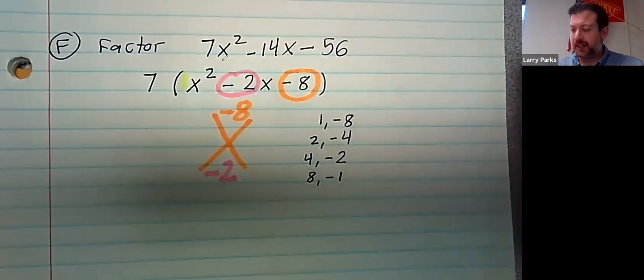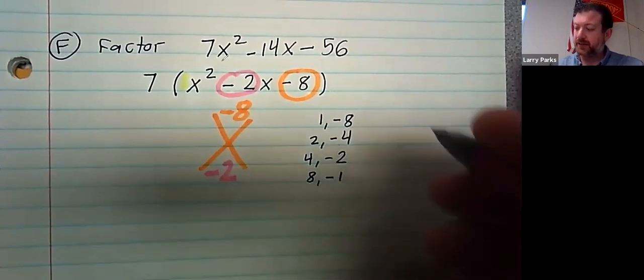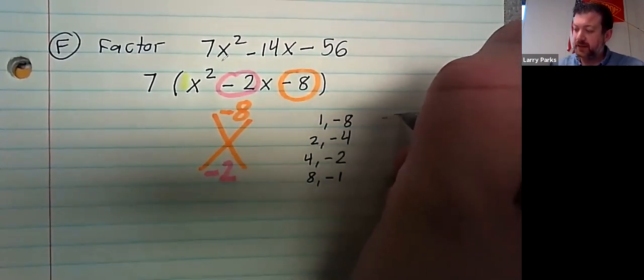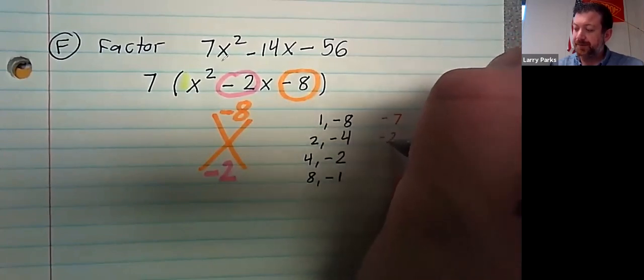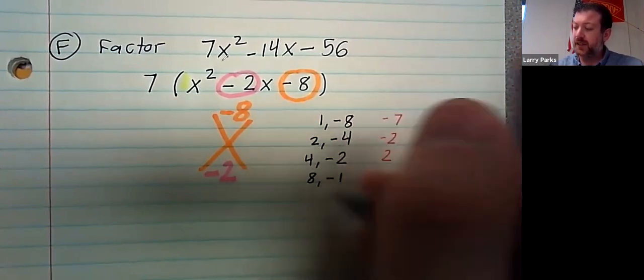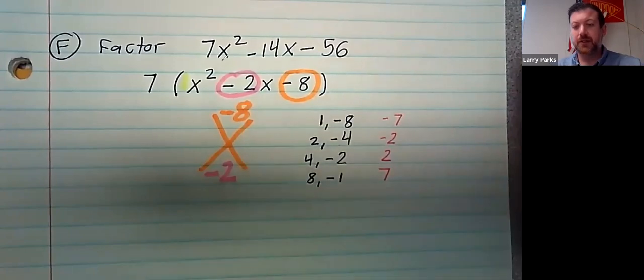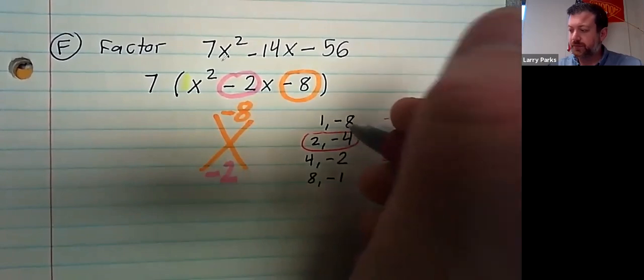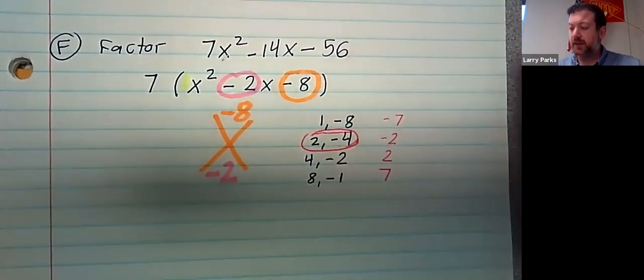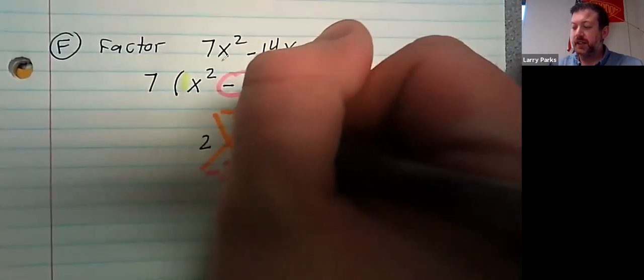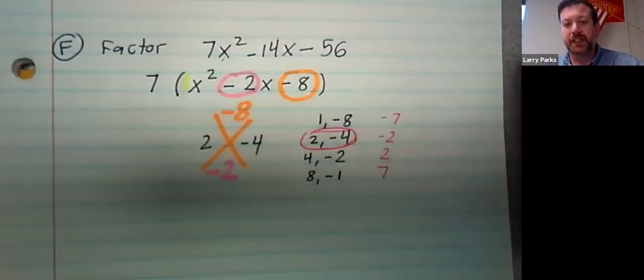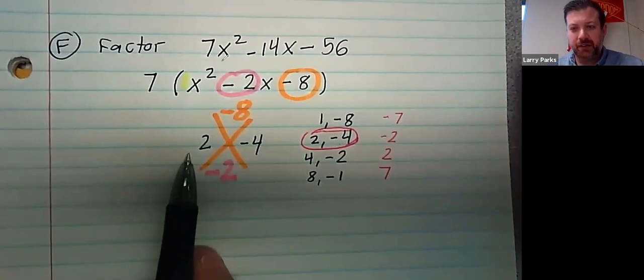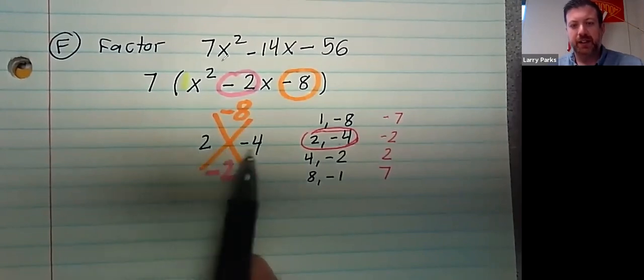So if I add those real fast, I get -7, -2, 2, and 7. So which one is -2? This one. So those are my factors. So I'm going to put 2 and -4. And once again, if you put -4 here and +2 here, it makes no difference.